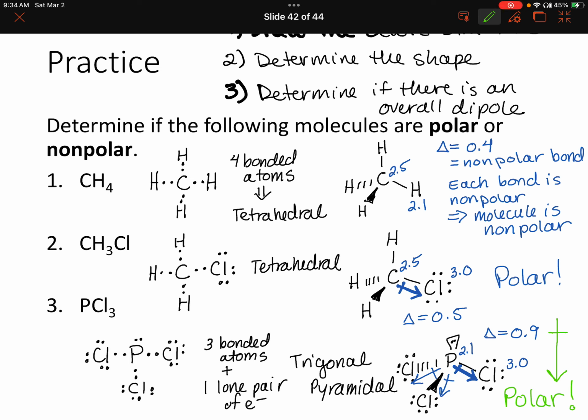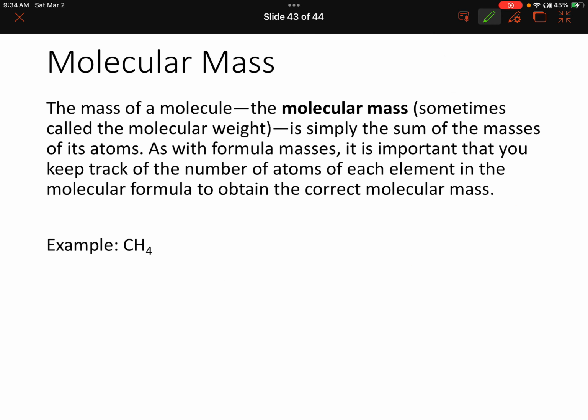So again, this will come up later and will be really important when we talk about whether molecules are attracted to each other or not. Now, one last thing we do need to cover is how to calculate molecular mass. So in the last chapter, when we talked about ionic compounds, we briefly looked at how to calculate ionic compound mass.